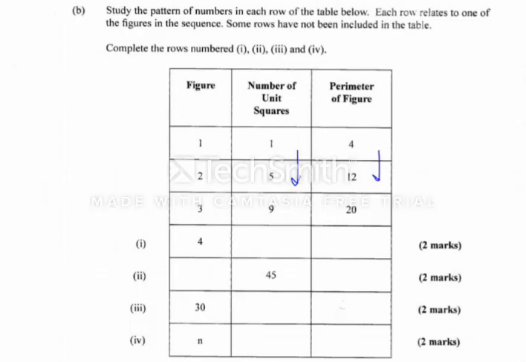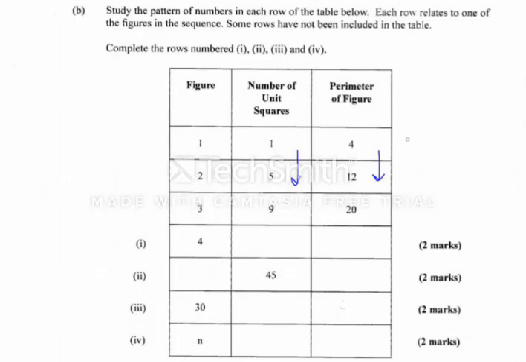In the last column, you get to the next number by adding 8. To move from one number in the sequence to the next number in the sequence in the first column, you add 4. In the second column, you add 8.